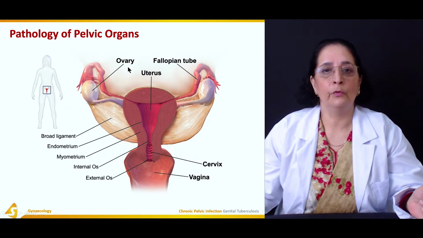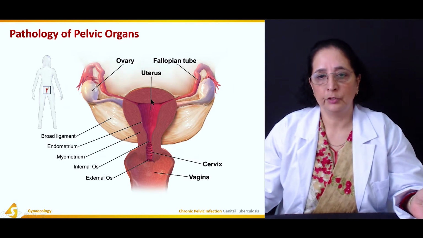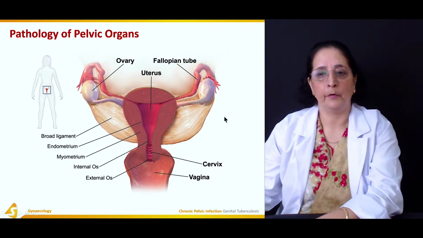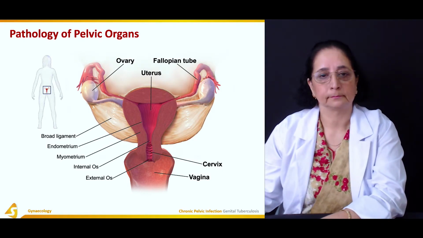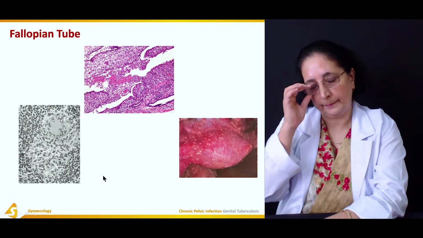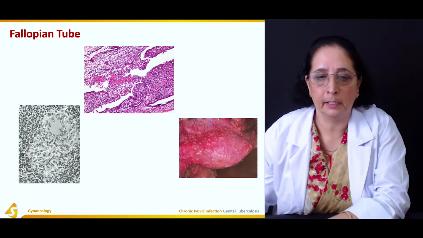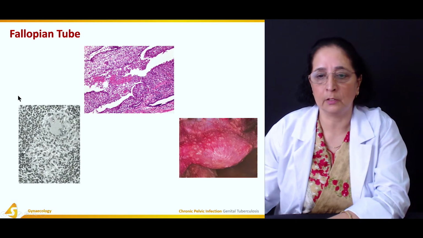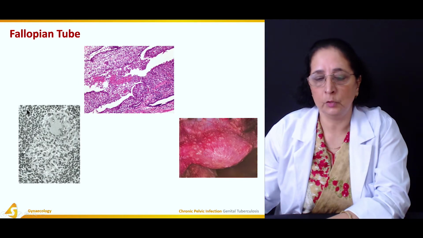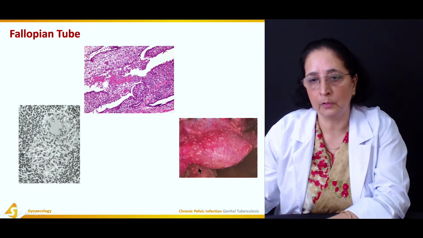Then we have the ovary here, uterus and fallopian tube. So these are all the organs of the pelvis or female reproductive system. Then these are the different diagrams, histological pictures of the tuberculosis in the fallopian tube. This is the miliary tuberculosis of the fallopian tube.